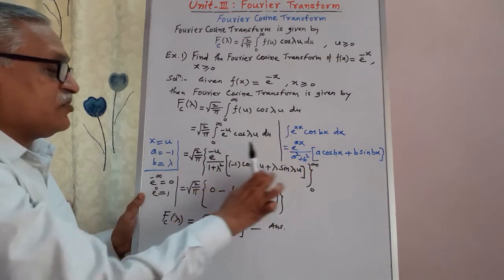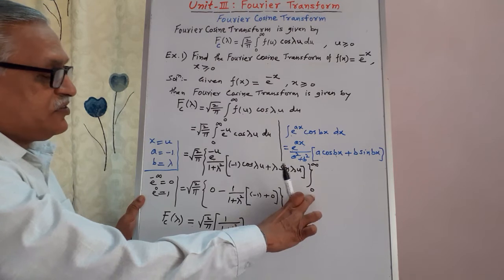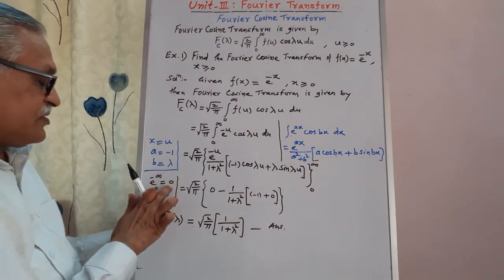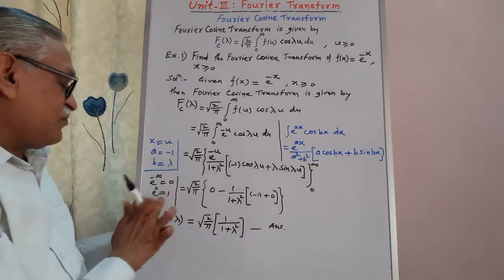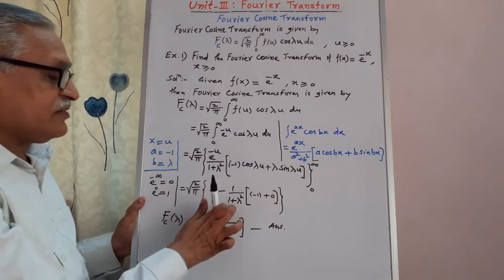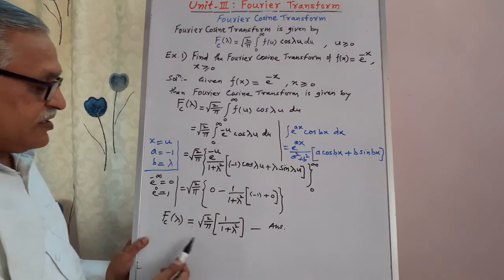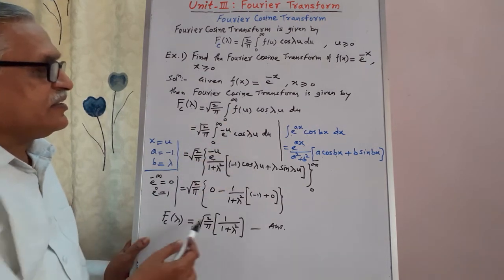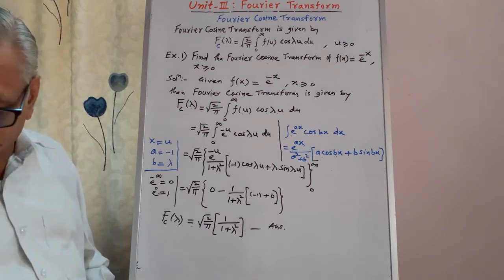Substituting the values and substituting the limits, upper limit as infinity, lower limit as 0. For the upper limit, it becomes e raised to minus infinity, that is 0. For the lower limit, e raised to 0 is 1. And then if we simplify it, we get the required result. This is the Fourier cosine transform for the given function.